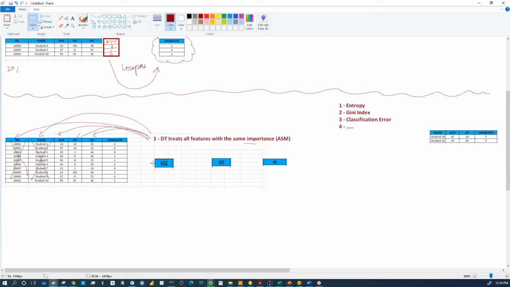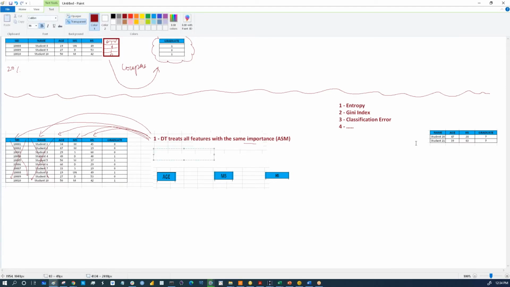Before the decision tree splits, the first thing it does is calculate the entropy of the entire data set.